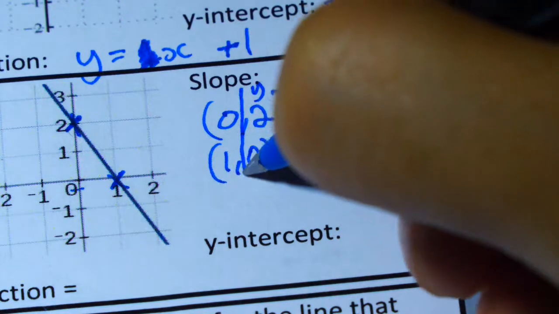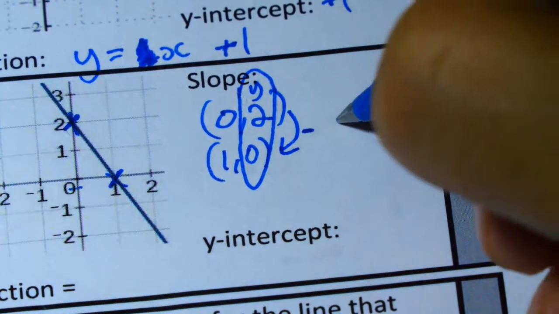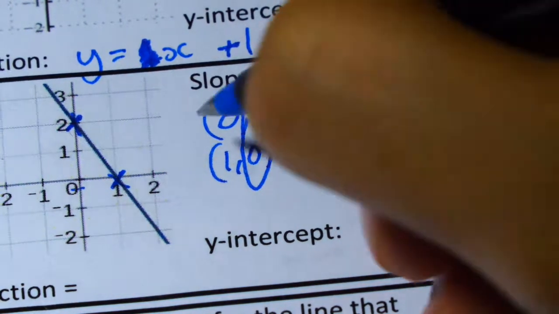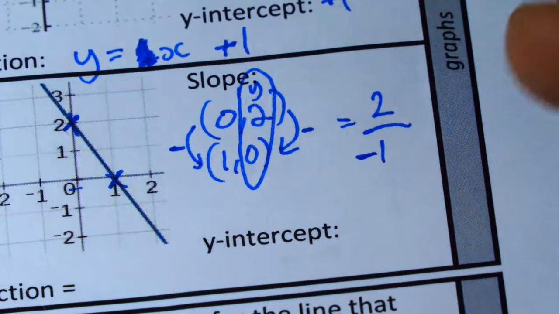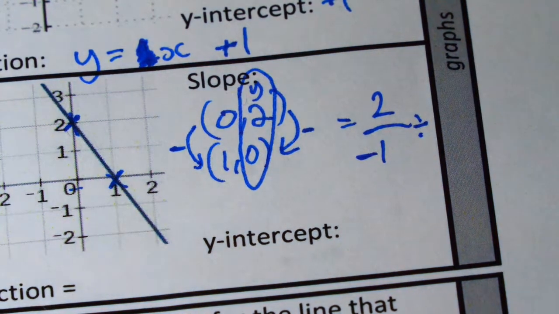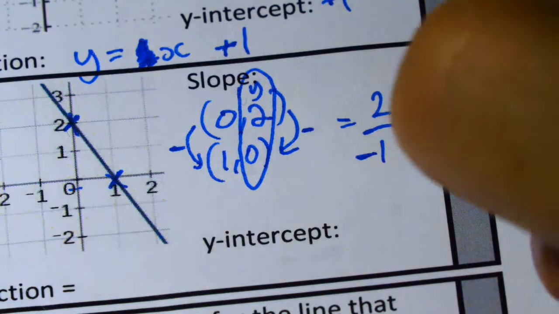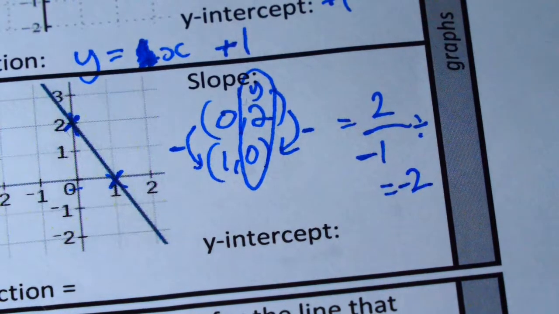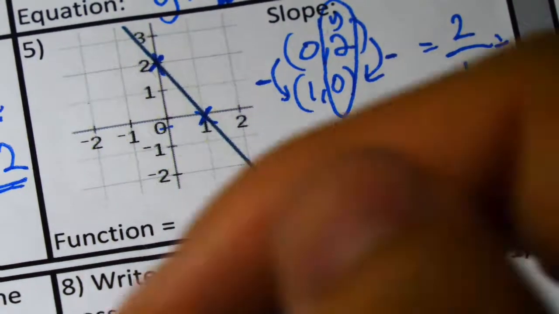Change in y. 2 minus 0 equals 2. 0 minus 1 is minus 1. 2 divided by minus 1 is minus 2. Okay, so our slope or rate of change is minus 2.